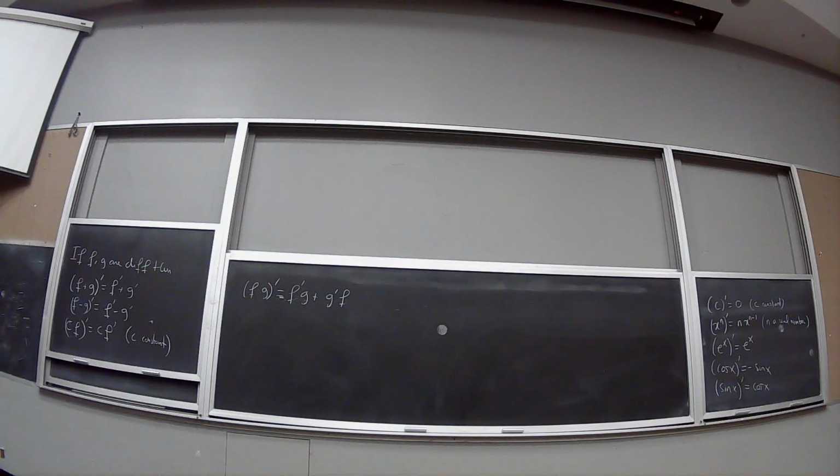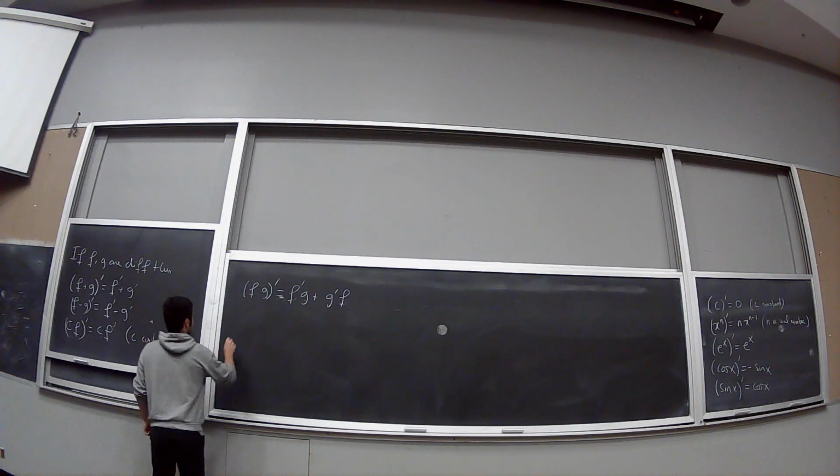What does this mean? If you want to take the derivative of a product, you differentiate the first term and multiply by the second term, plus you differentiate the second term and multiply by the first term. Is that clear? Should we prove it? Let's see if we can prove it.